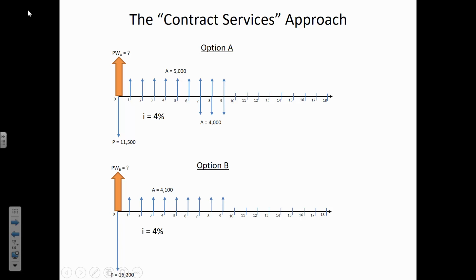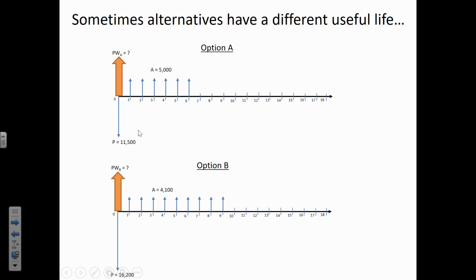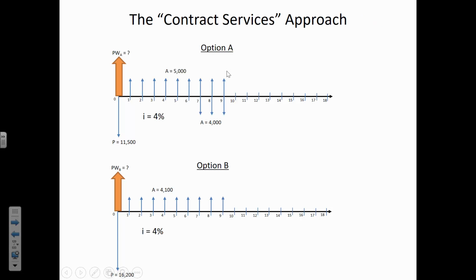In contract services, what we do is we say, one of them is too short. Let's somehow find a way to extend the short cash flow diagram so that it's the same duration for each. And so the one that's too short, look at what we're doing. We're extending it by renting some equipment for 3 years.